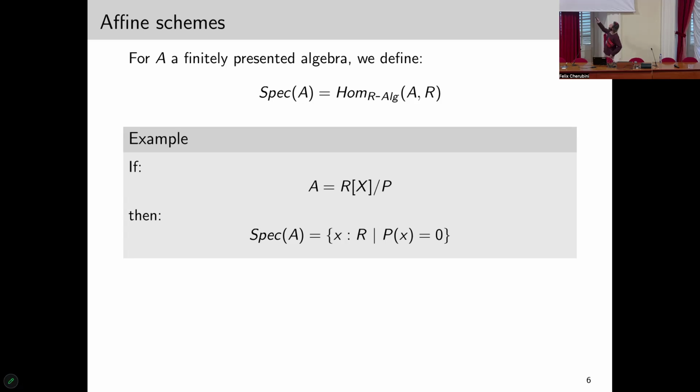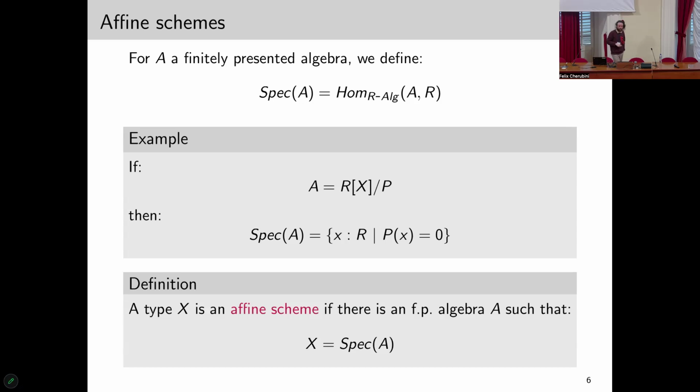If we consider the polynomials in a variable x quotiented by p, where p is a polynomial in the variable x, then by the universal property of finitely presented algebras, you see that Spec A is simply the type of roots of the polynomial, right? Spectra like this, more generally, are always types of roots of a finite system of polynomials in a finite number of variables.